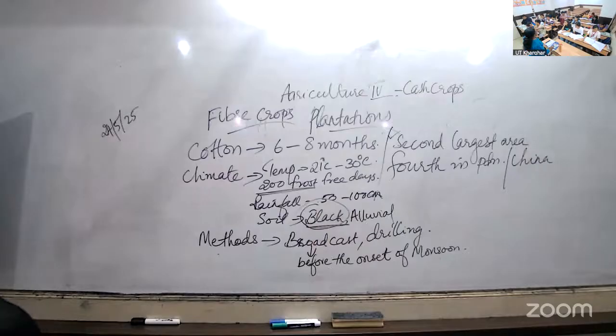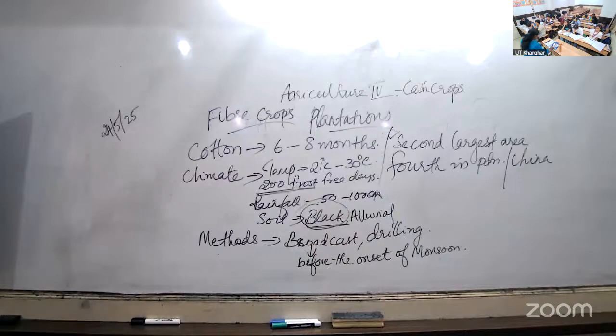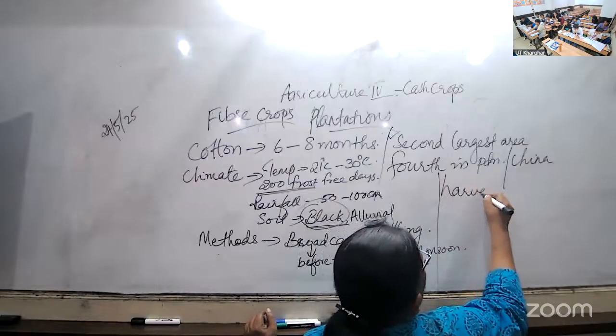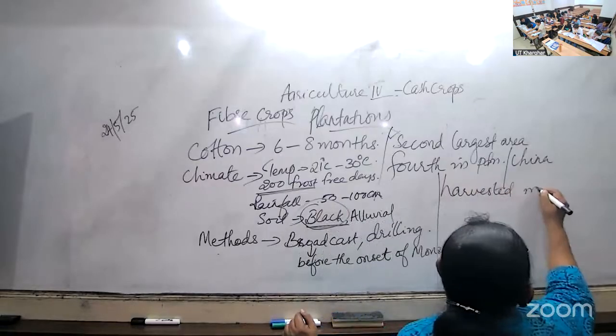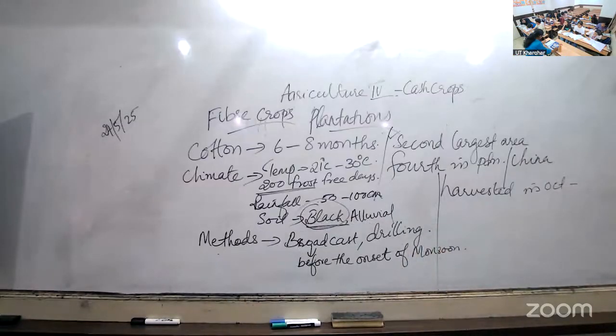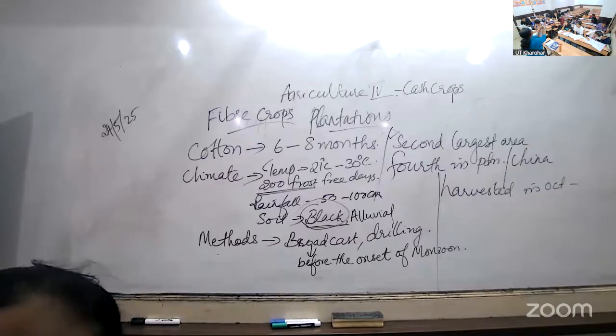It is not taken all together. As and when your cotton balls are ready, it starts. Understood. It is harvested in October. The crops ripen and burst, the cotton balls after the covering start bursting.